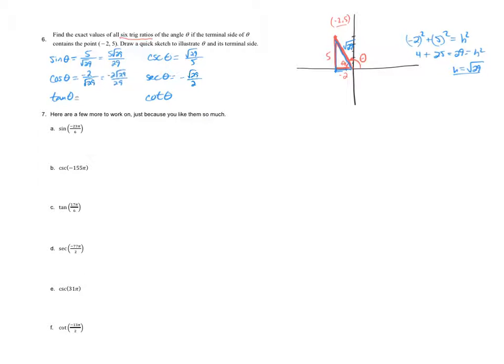Lastly, the tangent is simply the opposite over the adjacent, so it's 5 over -2, so -5/2, and the cotangent, of course, would be -2/5.